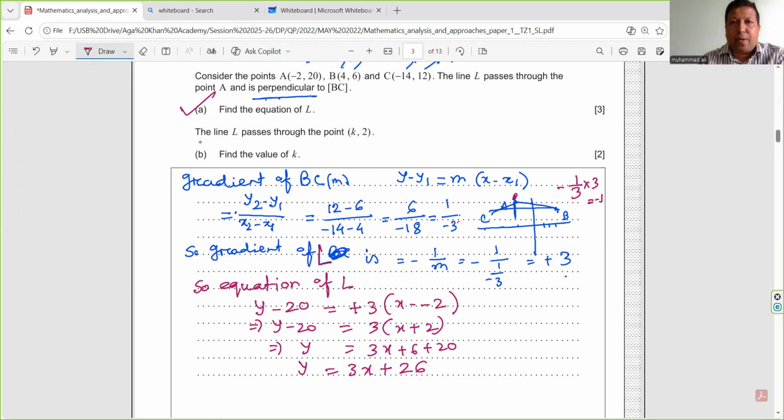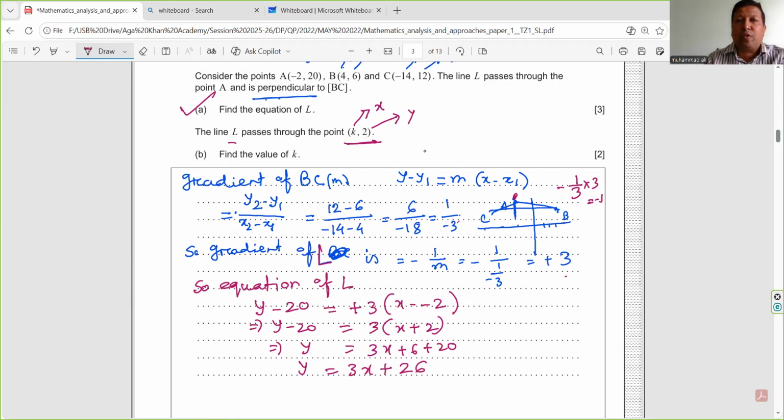Now the second part: the line L passes through the point (K, 2). Find the value of K. As this L line passes through this point, it has an x value and a y value.